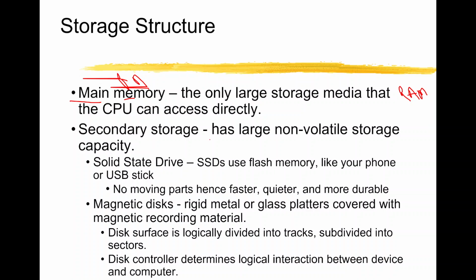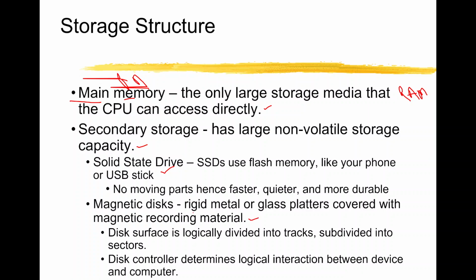But the secondary storage has large non-volatile storage capacity. Non-volatile. Memory is usually volatile. We know that. Secondary is non-volatile, such as the solid-state drive, which uses flash memory like your phone or USB stick. It has no moving parts, hence faster, quieter, and more durable. Then we have the magnetic disk. This is rigid metal or glass platters covered with magnetic recording materials.